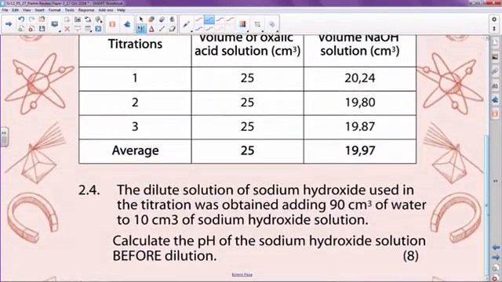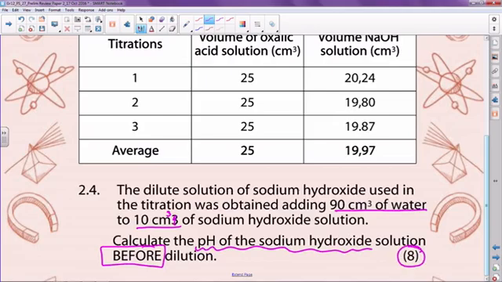Now, the dilute solution of sodium hydroxide used in the titration was obtained by adding 90 centimeters cubed of water to 10 centimeters cubed of the sodium hydroxide solution. Oh, look here. Calculate the pH of the sodium hydroxide solution before dilution. 8 marks.